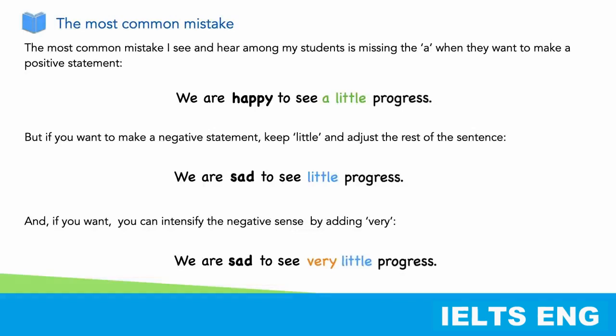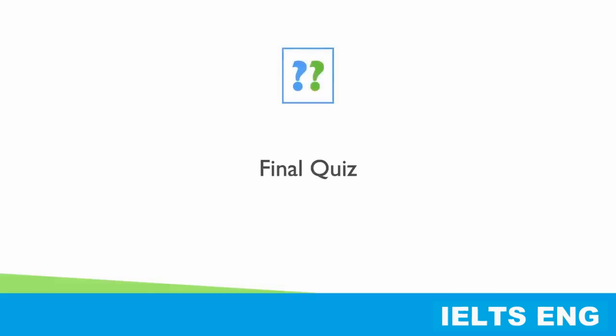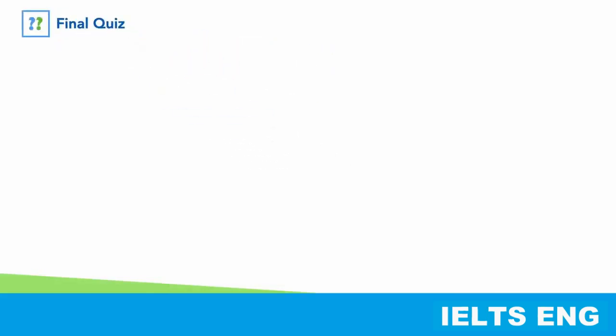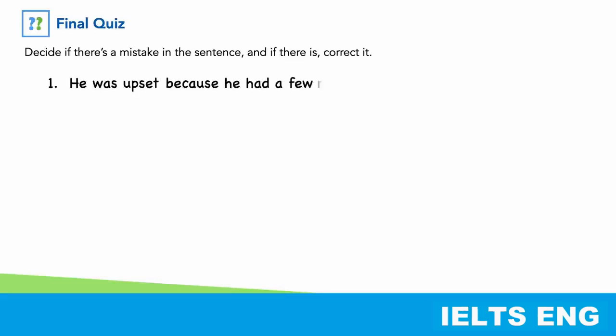Okay, that's the end of the lesson. Let's do our final quiz. I'd like you to decide if there's a mistake in the sentence, and if there is, correct it. Okay, let's begin with number 1. He was upset because he had a few nice comments.